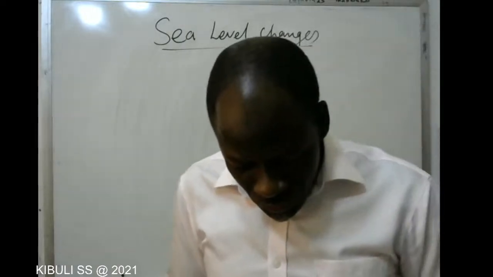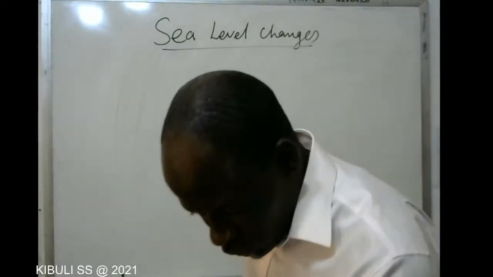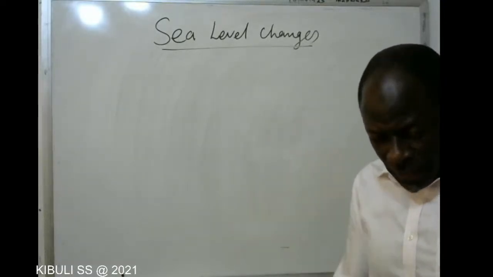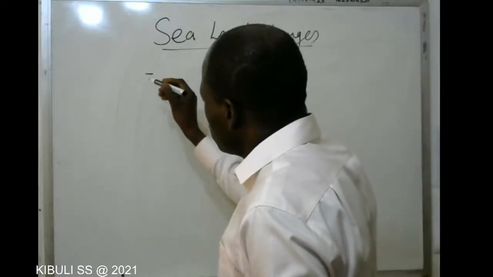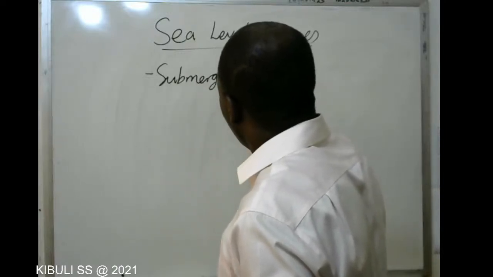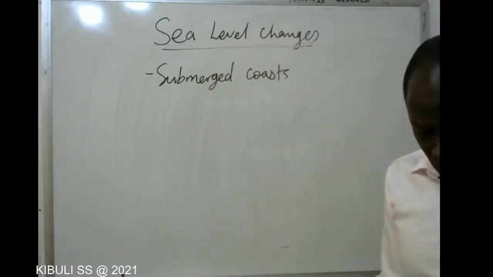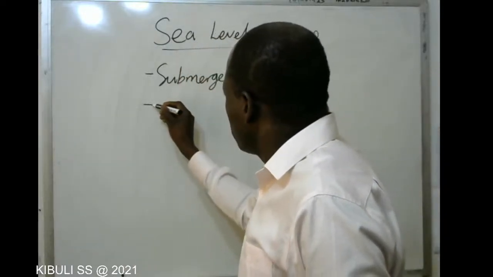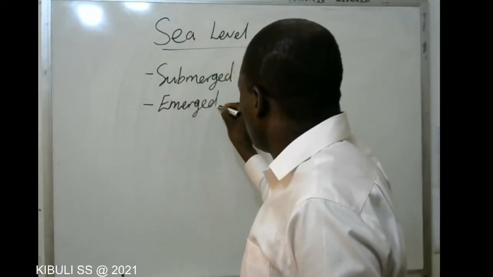Now, sea level changes give us two types of coasts, or we describe coasts that are affected by sea level changes in two forms. The first one is what we call the submerged coasts, and the other one is called the emerged coasts.